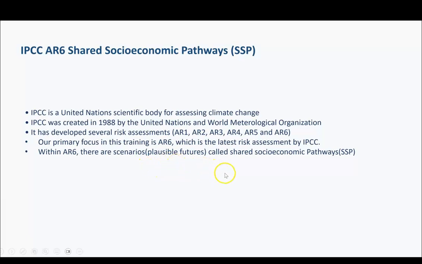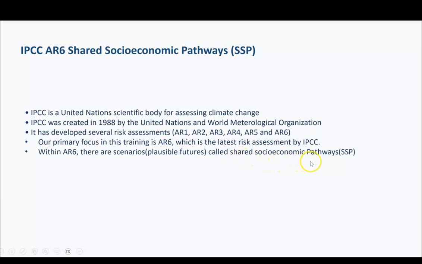Now, each plausible future or scenario within the context of the IPCC is called a Shared Socio-Economic Pathway, SSP. So every scenario within the AR6, that is Assessment Report 6, created by the IPCC, is called an SSP. SSP stands for Shared Socio-Economic Pathways.